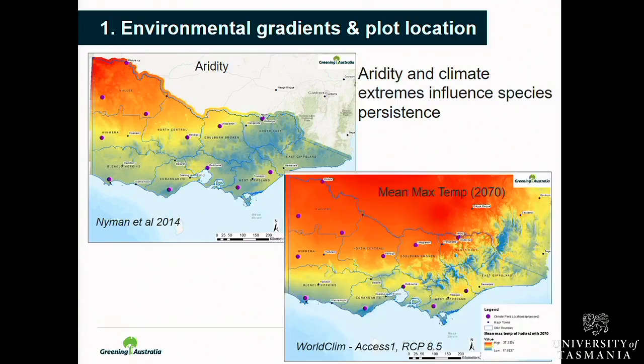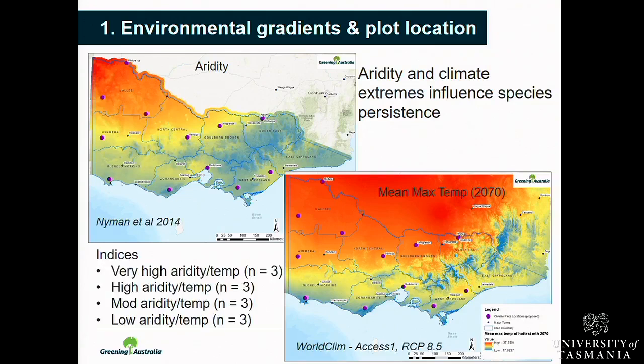And equally, if we looked at mean maximum temperature for the hottest month, this is in 2070 projections, this would also show that these plots would capture that difference across the whole state. So ideally we'd have 3 sites in very high aridity and temperature zones, high aridity and temperature zones, moderate, and low aridity and temperature zones.